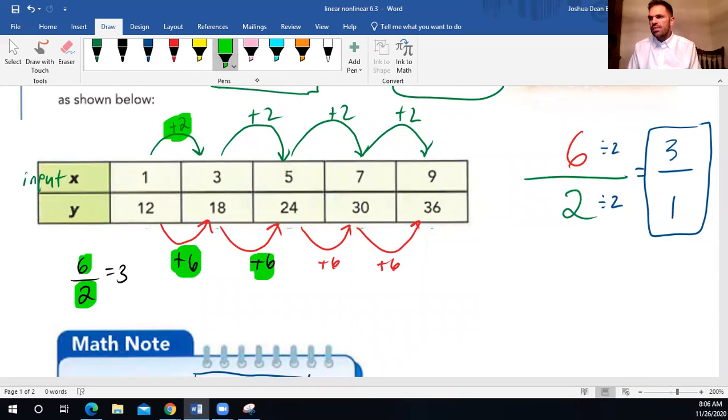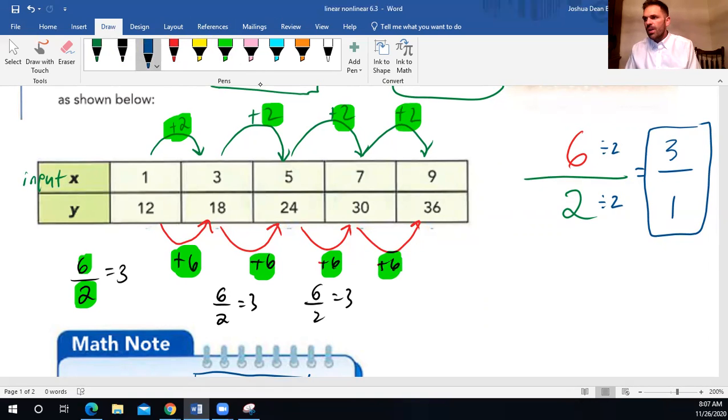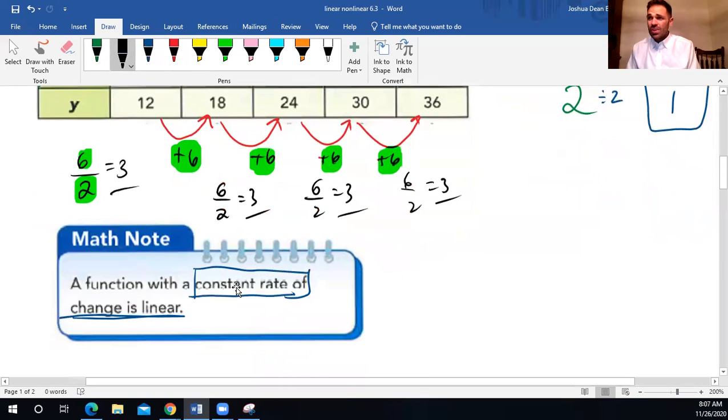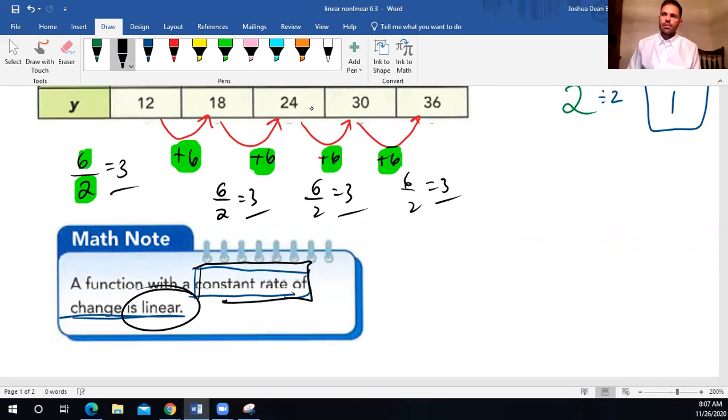So let's check it again. 6 divided by 2 gives me 3. Again, 6 divided by 2 gives me 3. Notice that the rate at which each variable changes is the same each time. These are all the same. So if you see a function that has a constant rate, that is, it doesn't change, then it's linear.